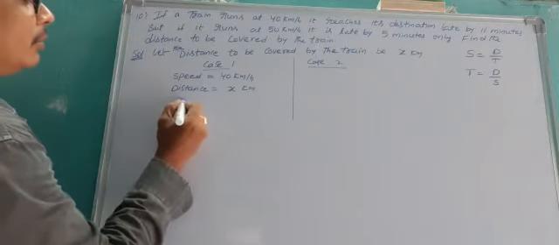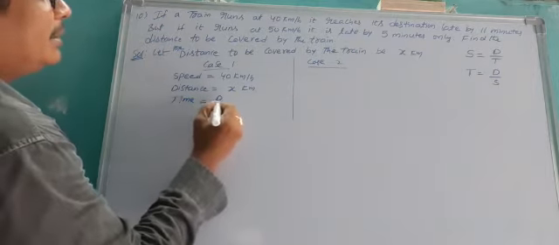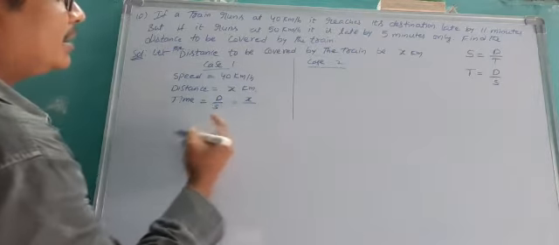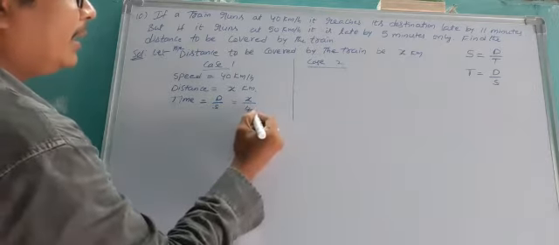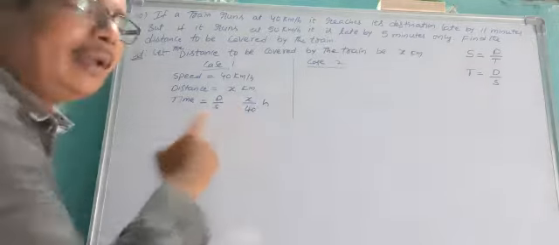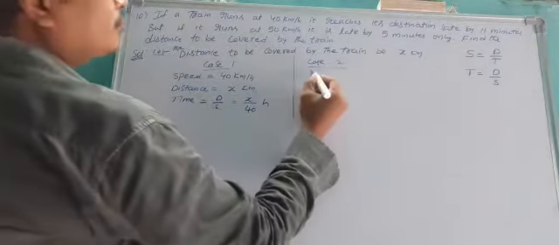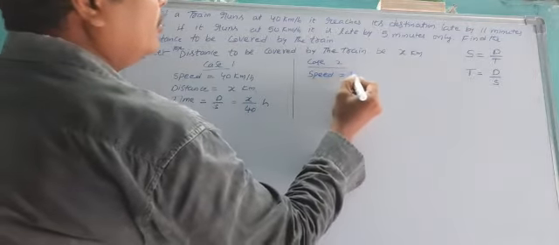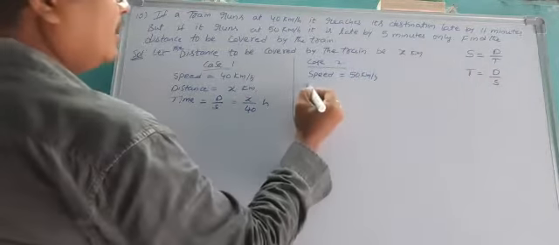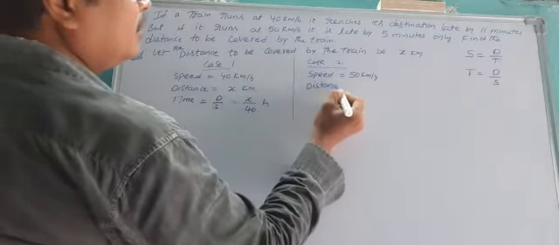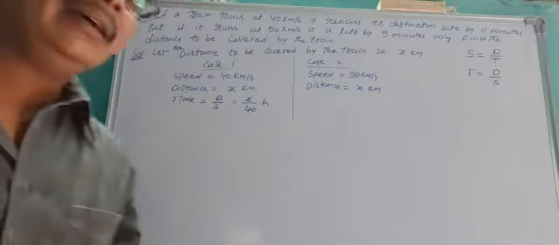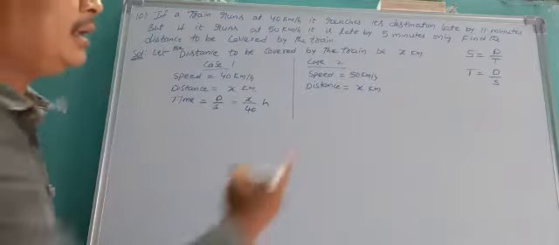So time equal to distance by speed. Here distance equal to x and speed equal to 40. Time is in hours, since speed is in kilometers per hour. Next, in case number 2, speed equal to 50 kilometers per hour, and the train covered the same distance, x kilometers.